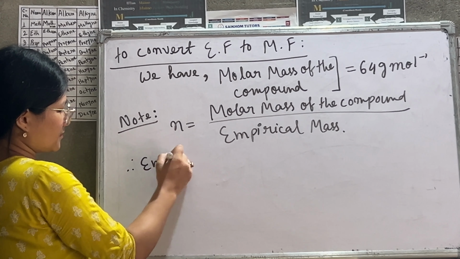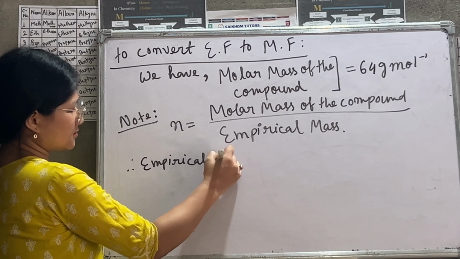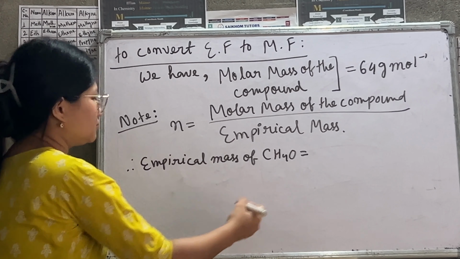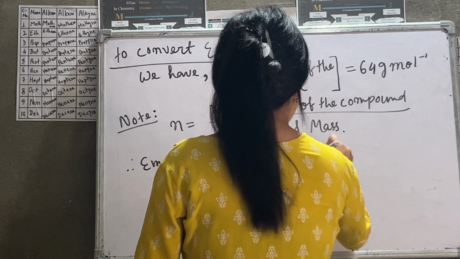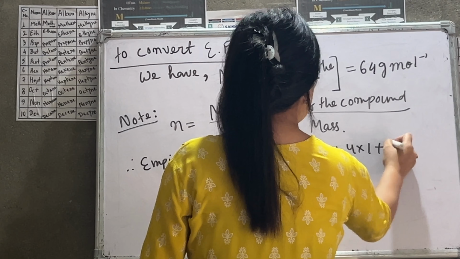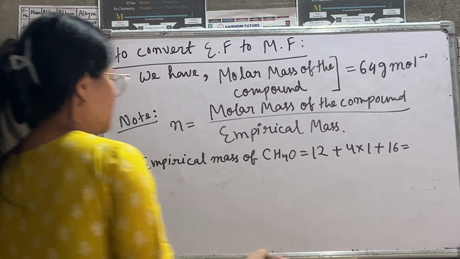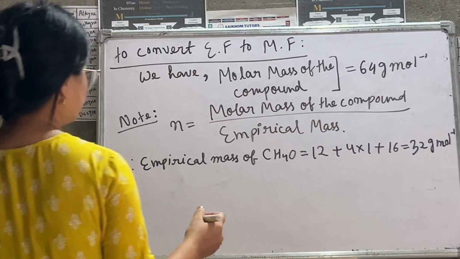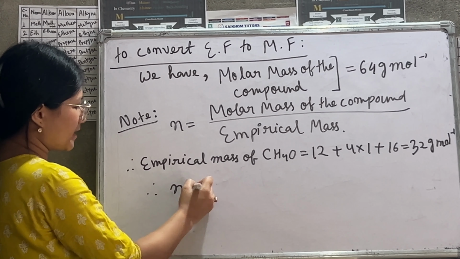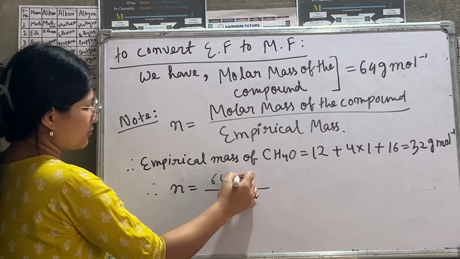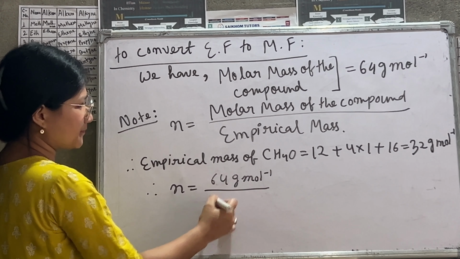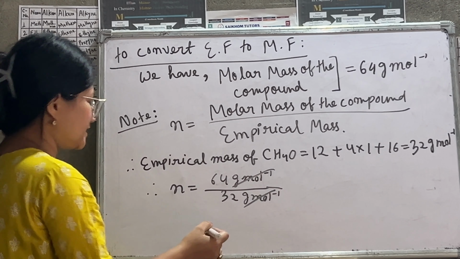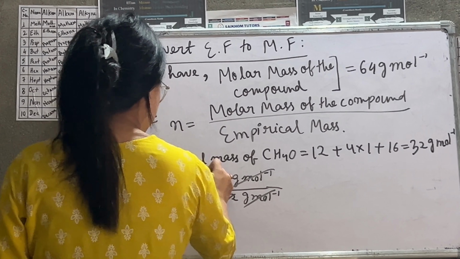Therefore, empirical mass of CH4O equals 12 plus 4 into 1 plus 16, equal to 32 gram per mole. Therefore, small n equals 64 gram per mole by 32 gram per mole. So let's cancel this out, and the value is 2.